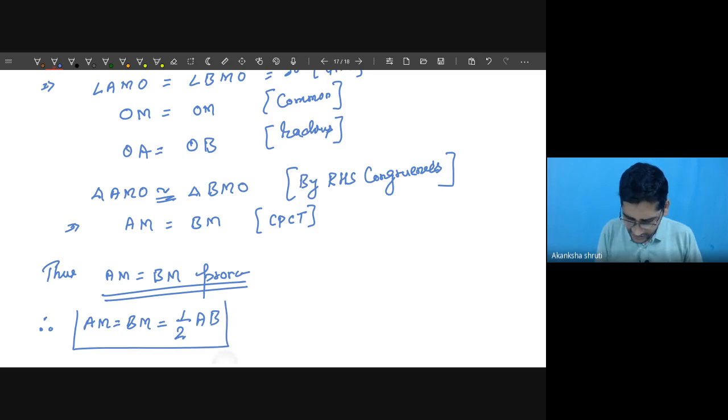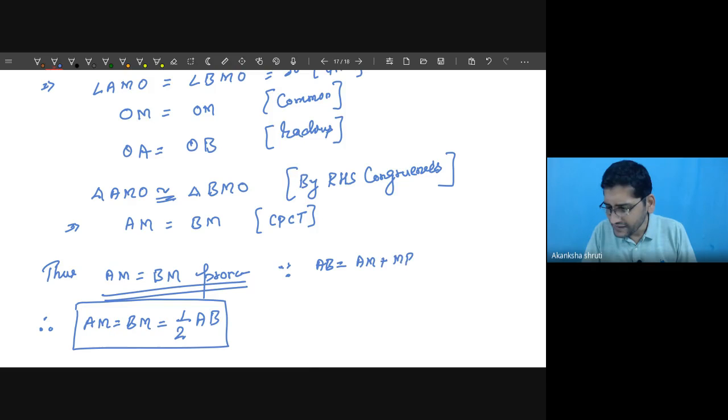How are we getting this? Since AB is AM plus MB, and these two are equal, in place of BM we can write AM. Twice AM is equal to AB, so AB by 2 is AM. Now AM is also equal to BM, so AM equals BM, which is the same as AB by 2.